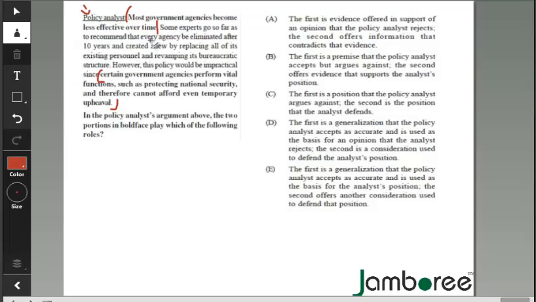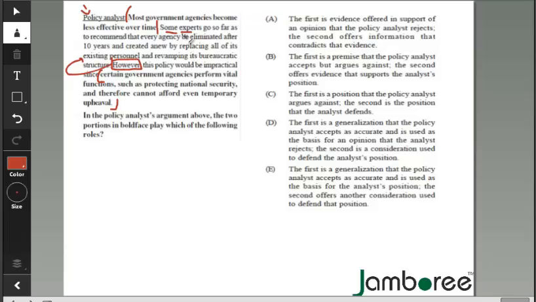So he said most government agencies get less effective, and some experts suggest this. Now he is not suggesting this, by the way. Please note, some experts, it is not his recommendation. However, remember the keyword however. Whatever he is going to say next goes against what some experts say. So however, this policy would be impractical.